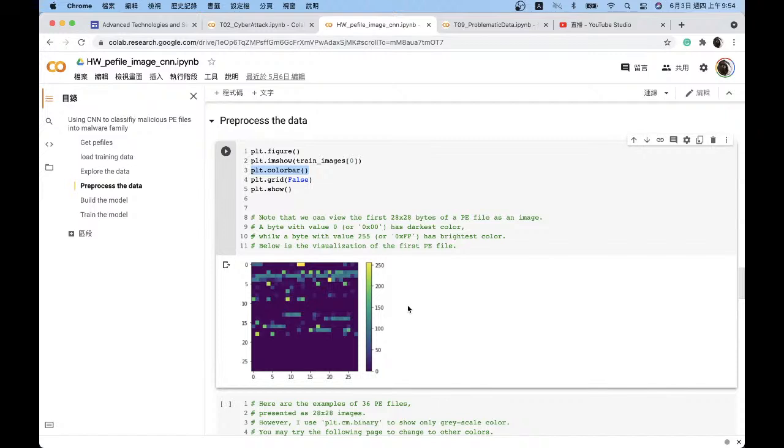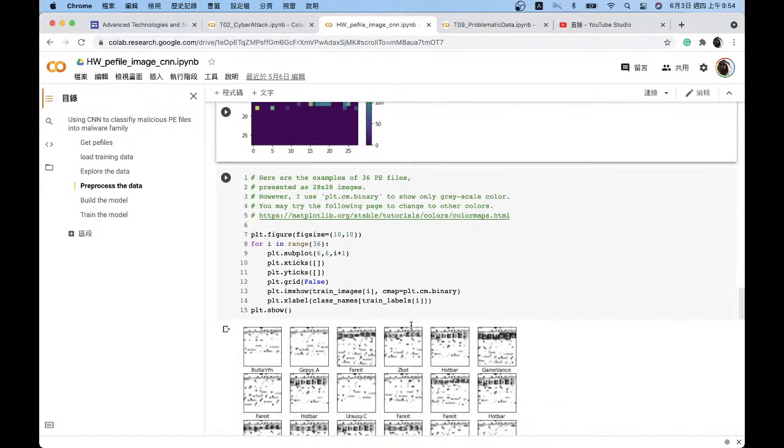If we can represent the data as an image, no matter whether this image is meaningful or meaningless to our brain, we can use a convolutional neural network to analyze it. So let's take some examples right here.